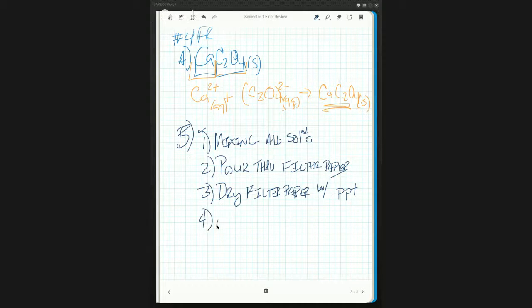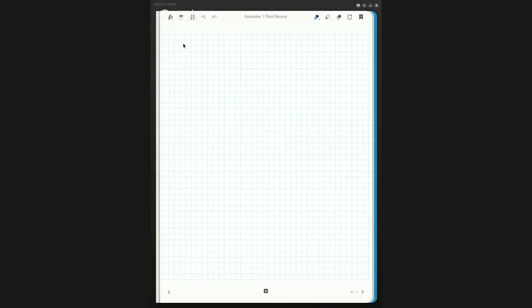So even though I probably wouldn't mark you off if you didn't say mass filter paper, because then it just says isolated, you've got to mass it though, because you should have also massed the filter paper to begin with. Then you mass at the end, you subtract out the filter paper, and you get the mass of just the precipitate. And then once you have that, you can do your percentages and things, which goes into C right now.